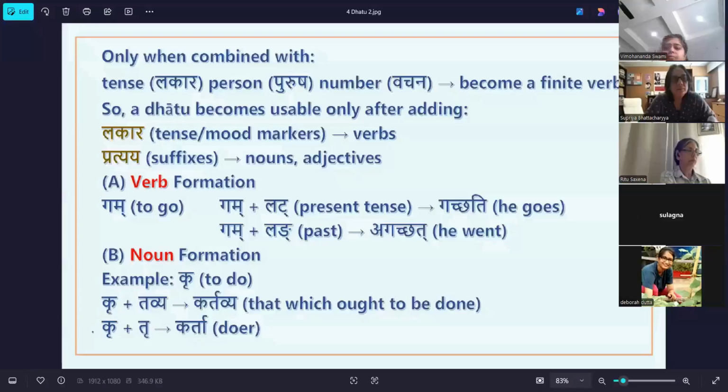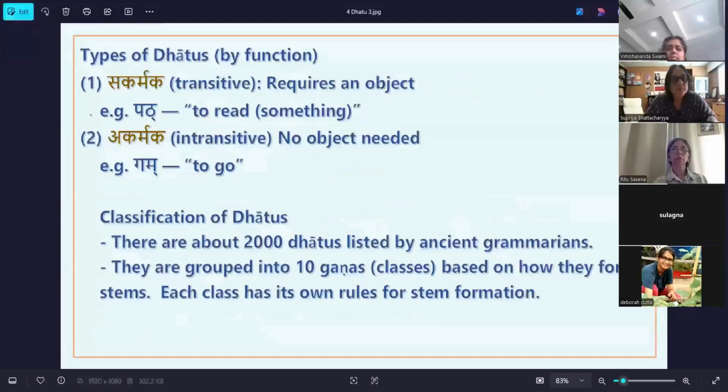Now the third slide. Types of dhatus: sakarmaka. Sa is generally used to mean with, generally, not always. So whenever you see sa added, it generally means with. So sakarmaka means with an object.